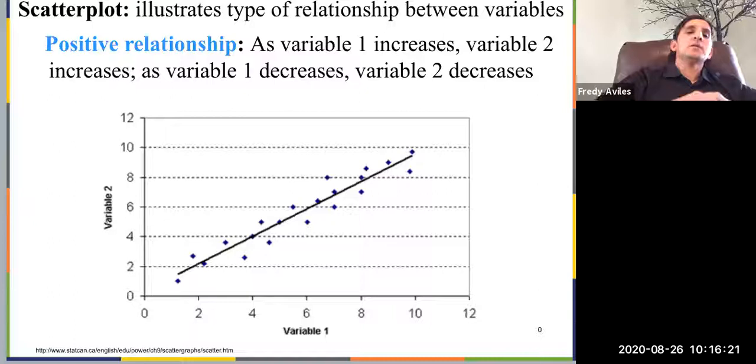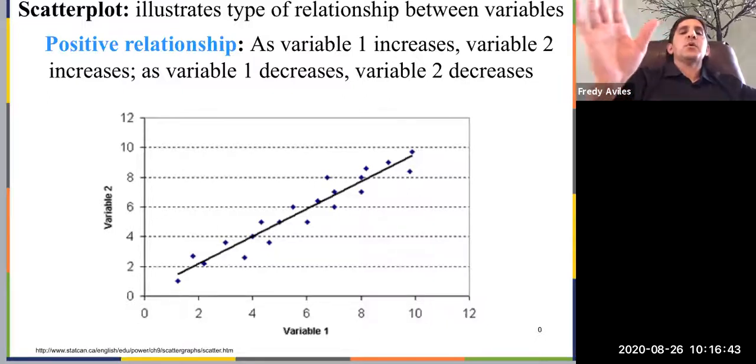We can go lower when variable 1 is 4. Let's go up, find a point there. When variable 1 is 4, variable 2 is 4. So you can see when variable 1 is high, so is variable 2. When variable 1 is low, so is variable 2.